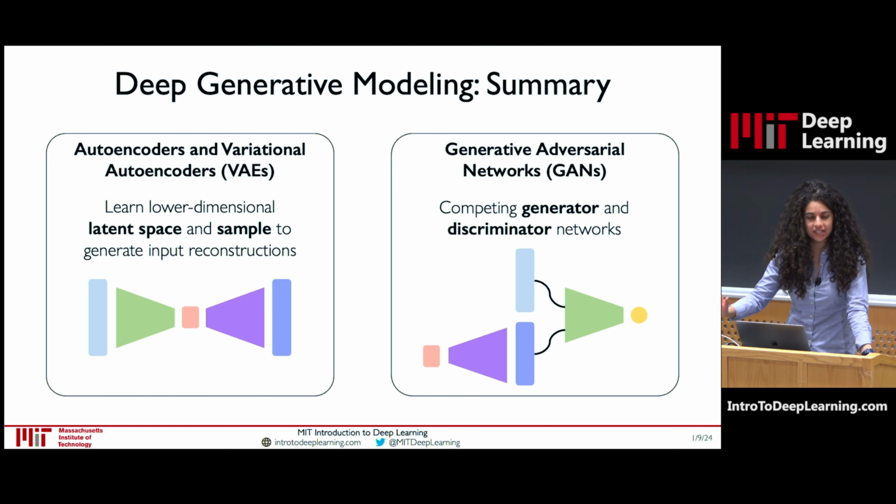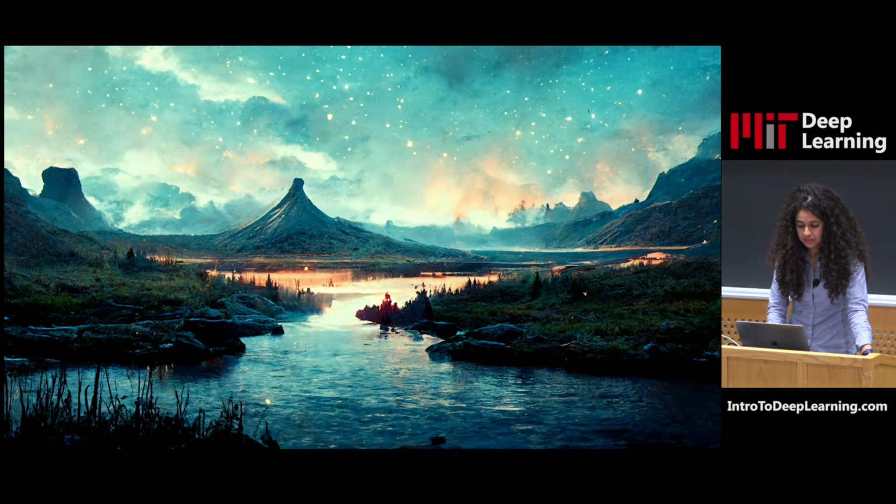really expanded, taken off. And there is a particular class of models that have led to quite tremendous advances in generative capabilities, not just in images, but in many other domains.